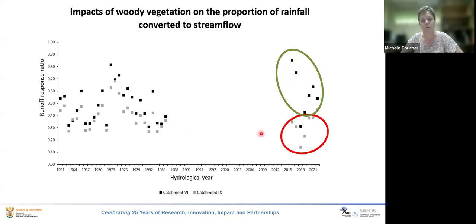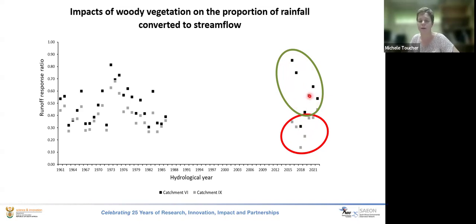There was then a gap in the record, and when we started monitoring again is where we see the difference. But it's over this time that the Leucocidia became far more dominant in the catchment, and we are seeing a big change in the runoff response ratio. So this green circle here is showing catchment 6, and that very high runoff response ratio is similar to what we have in all the other grassland catchments.